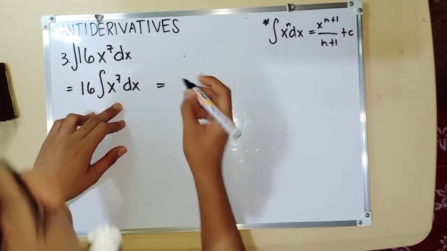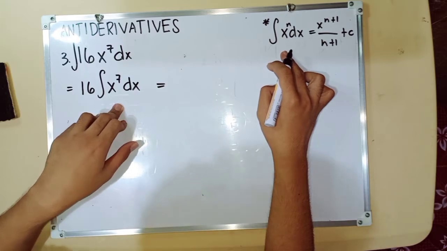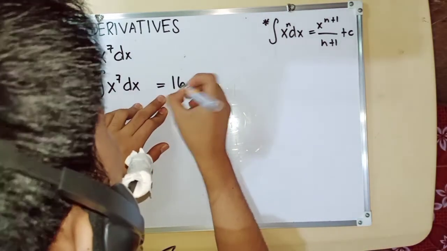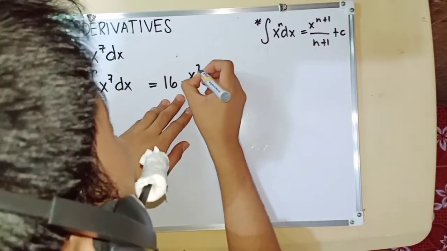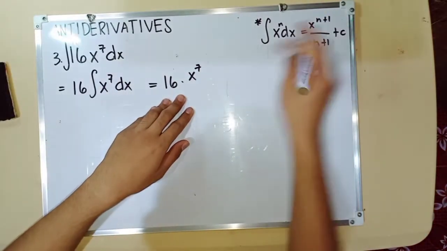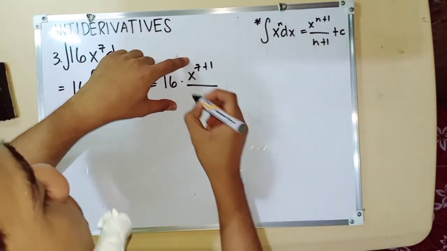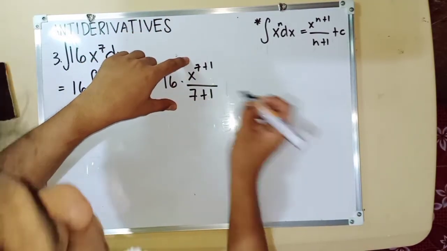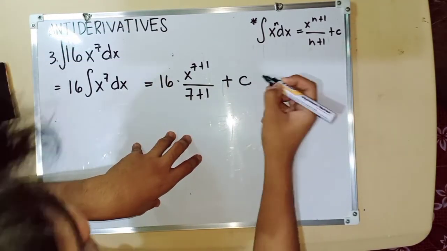So, i-apply lang natin yung power rule for antiderivatives. Then, 16 times x raised to 7, dadagdagan lang natin ng 1, plus 1. Then, kopyahin lang natin yung exponent sa denominator, 7 plus 1. At huwag natin kakalimutan ang constant of integration, c.